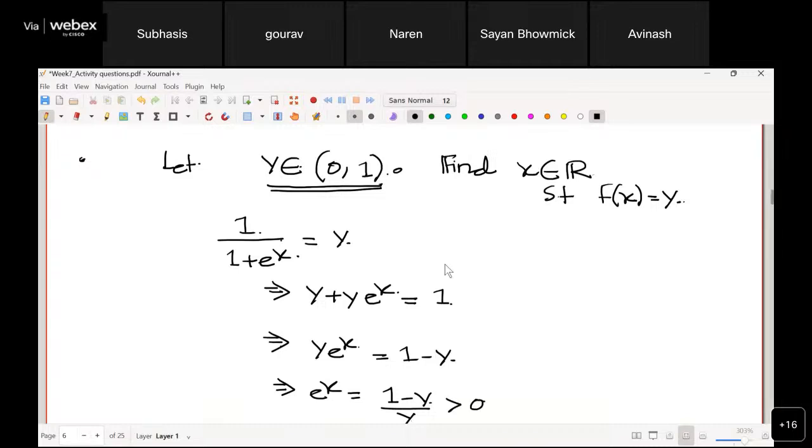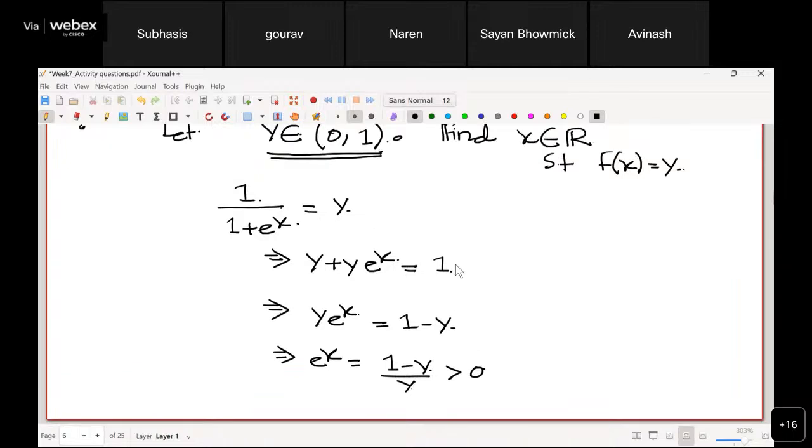So now I can take the log, because I know that this number, 1 minus y by y, is positive. That's why this whole thing makes sense.